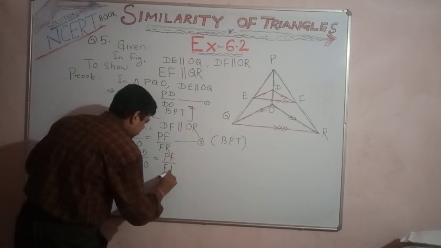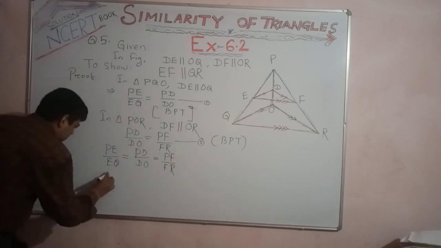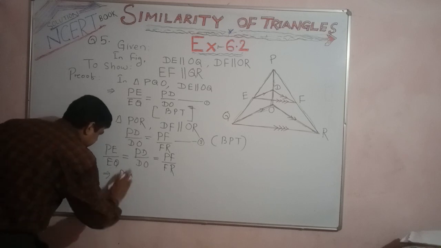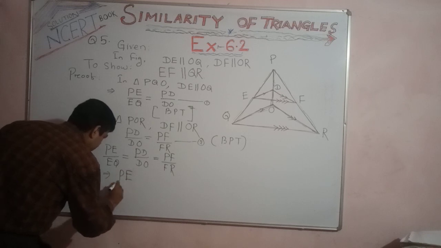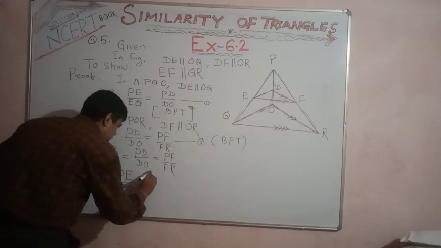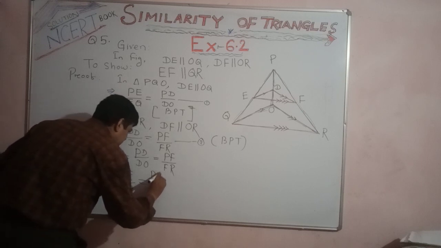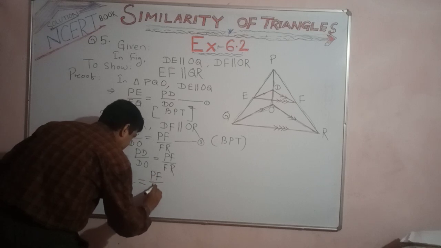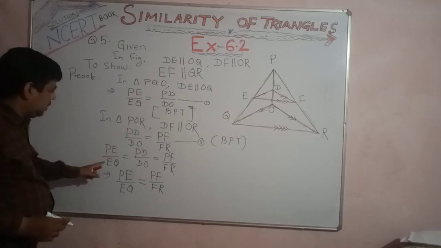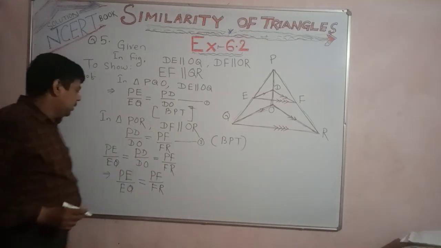So PD upon DO can be written equal to PF upon FR. So that implies PE upon EQ is equal to PF upon FR.